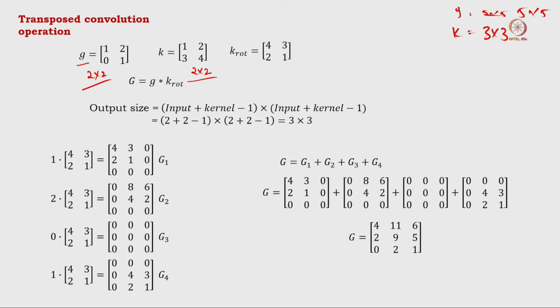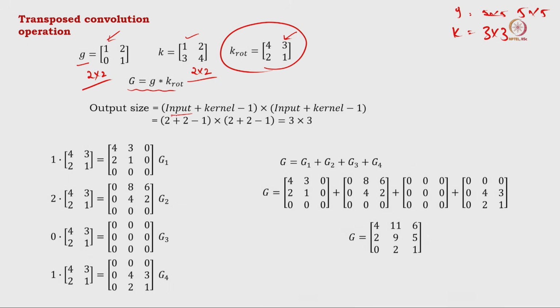The very first step is that the kernel should be flipped. Here, flipped means rotating 180 degrees. So, if the original kernel is 1, 2, 3, 4, on rotation you are going to get this kernel. Now, what operation are we doing? Onto this G, we will apply this kernel. Let us see what the formula is and what the output size will be. The output size is input plus kernel minus 1.